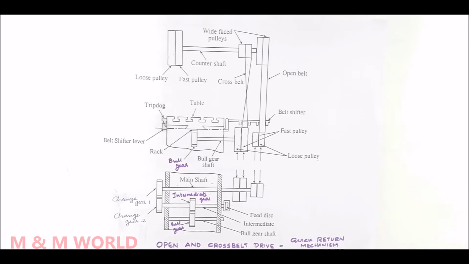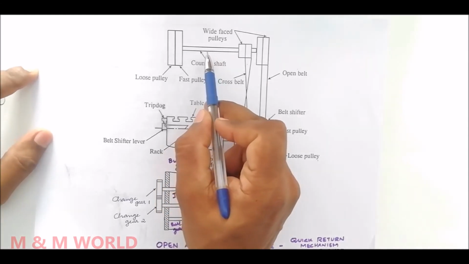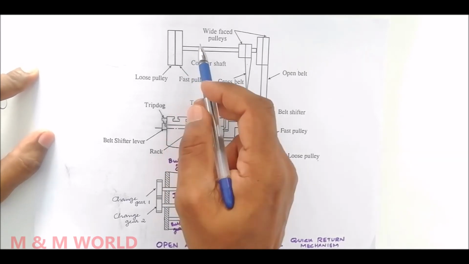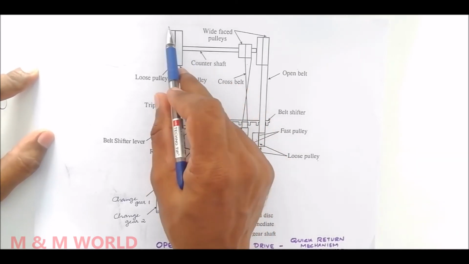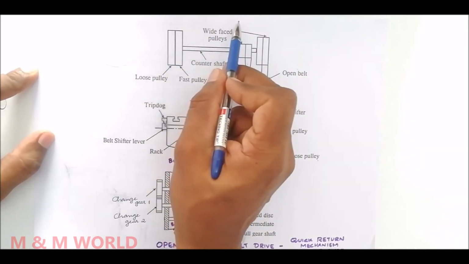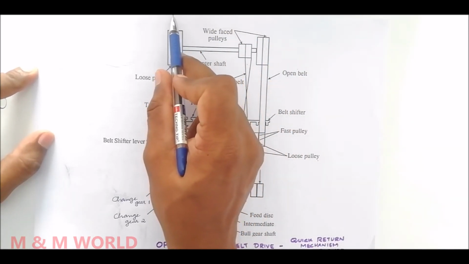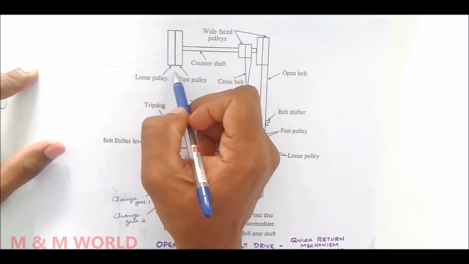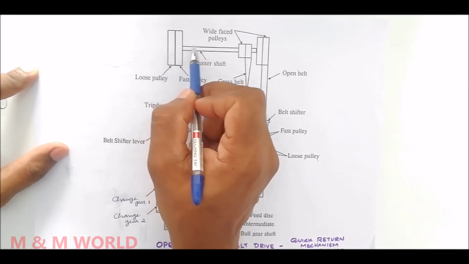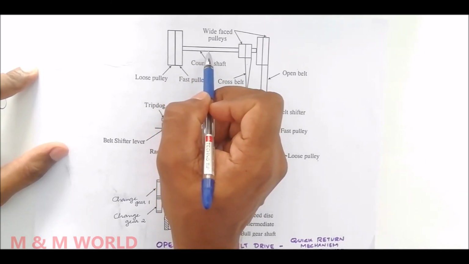So we have a counter shaft which is mounted upon the housings, which receives its motion from an overhead line. From the overhead line a belt is connected to this pulley. When the belt is connected to the loose pulley, the power will not be transmitted to the counter shaft.